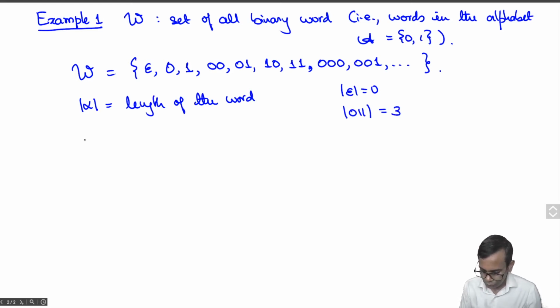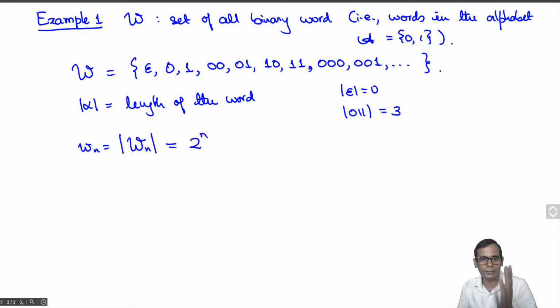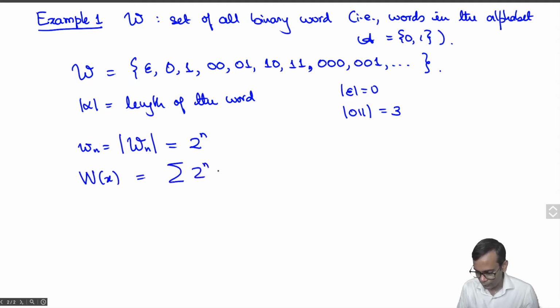And so of course here we'll have that W_n, the cardinality of words of length n, is going to be 2 raised to n, because for each of the n letters of your word you can choose 0 or 1. And the generating function W(x) will be the summation of 2 raised to n x to the power n, n goes from 0 to infinity, which is nothing but 1 over 1 minus 2x.